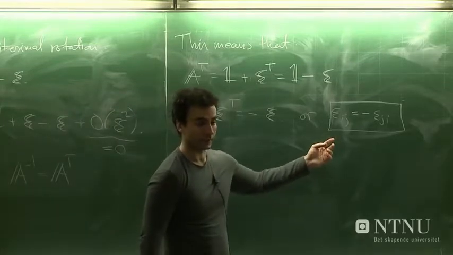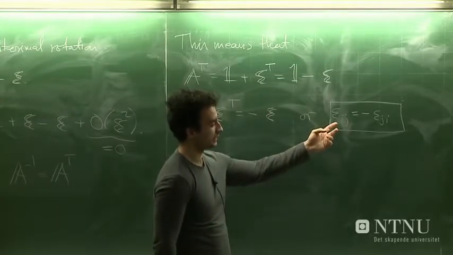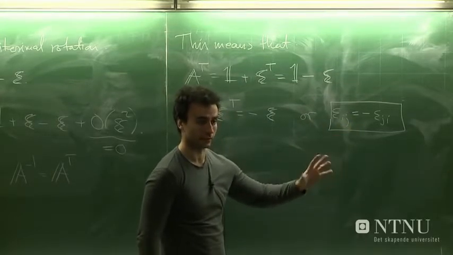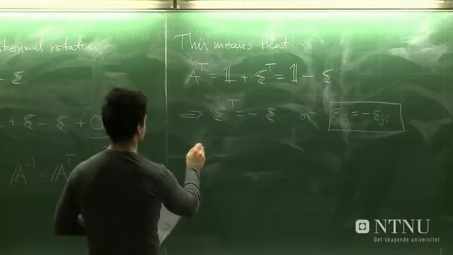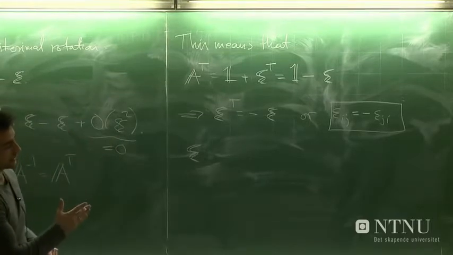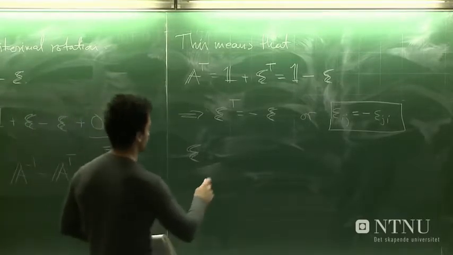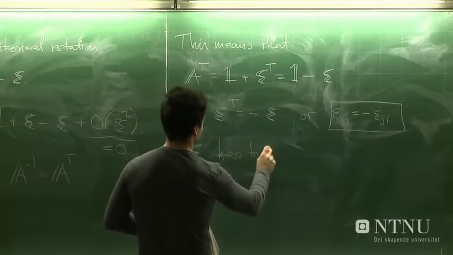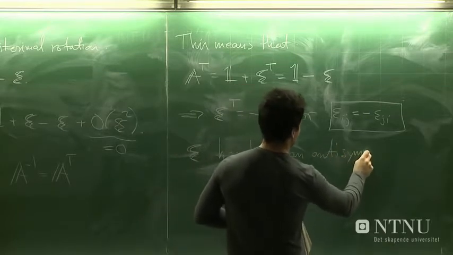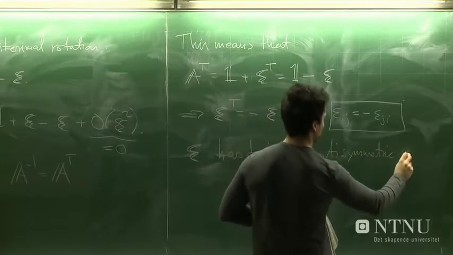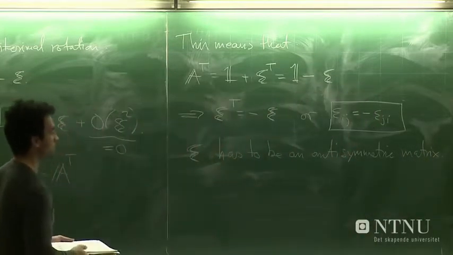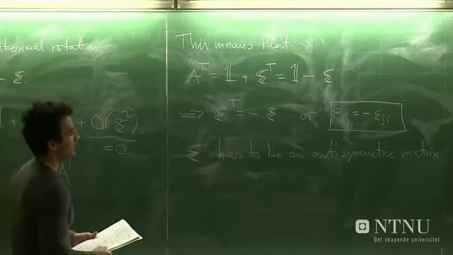Namely, it's an anti-symmetric one, because we say that epsilon ij is equal to minus the element you get if you interchange the rows and columns. So for an infinitesimal rotation, this epsilon has to be an anti-symmetric matrix. Okay.